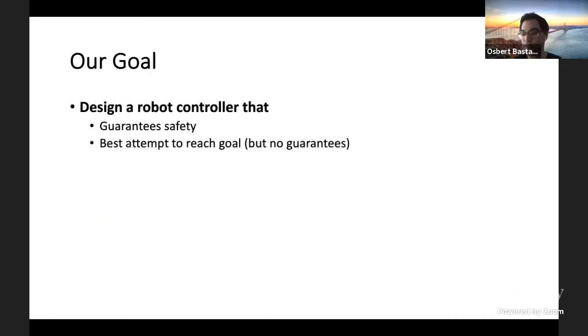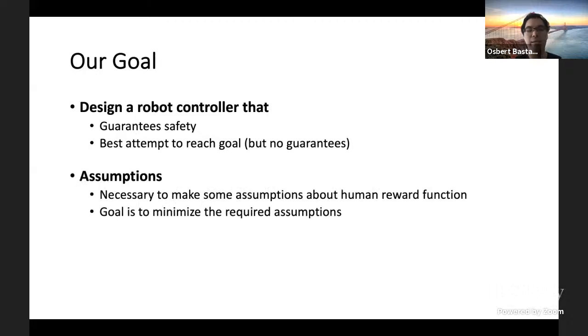And our goal is really to design a robot controller that guarantees that the system is safe. We are also going to make a best attempt to reach the goal, but we're not going to provide any guarantees in terms of this. And of course, we can't make unqualified guarantees of safety, so we are going to need to make some assumptions about the human reward function in order to be able to reason about what the human is going to do.